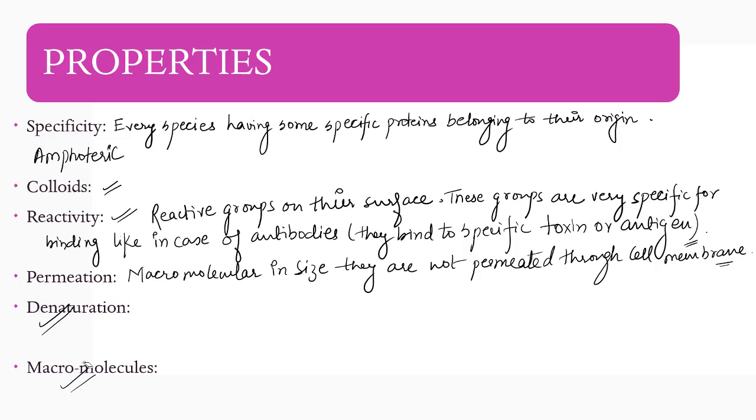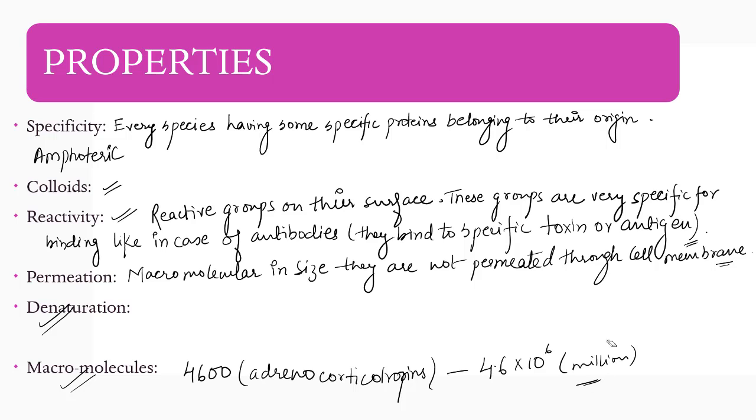Their mass, or molecular weight, ranges from 4,600 in the case of adrenocorticotrophin to 4.6 million in the case of pyruvate dehydrogenase.